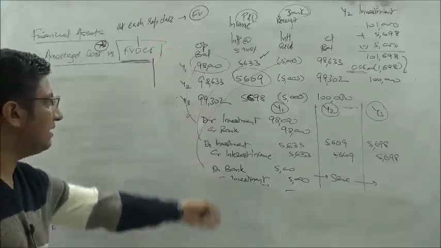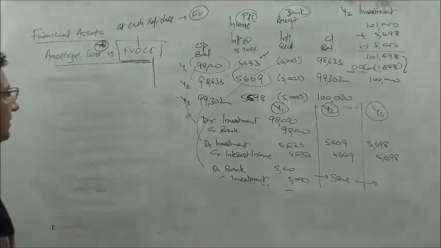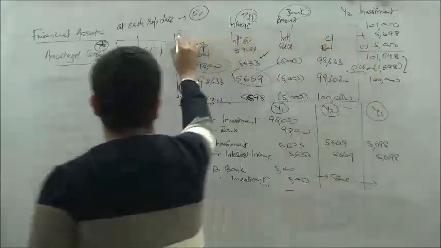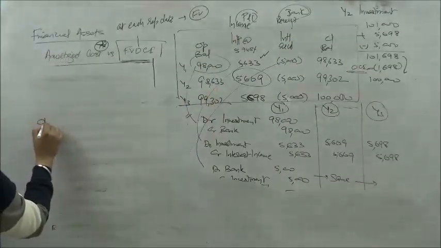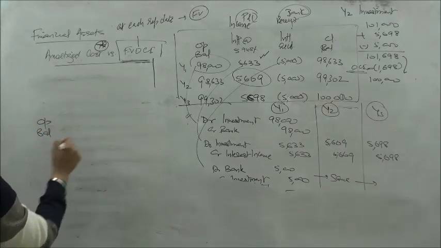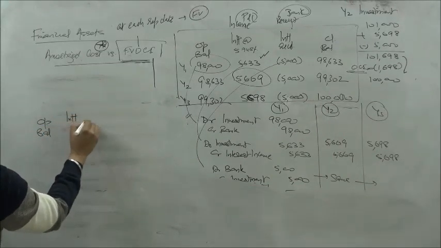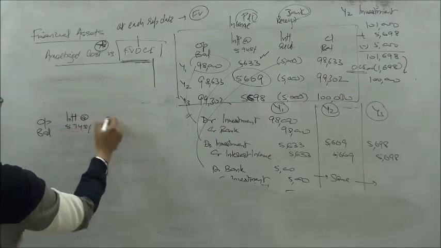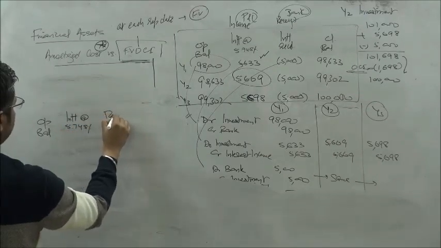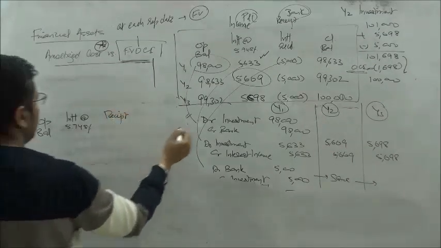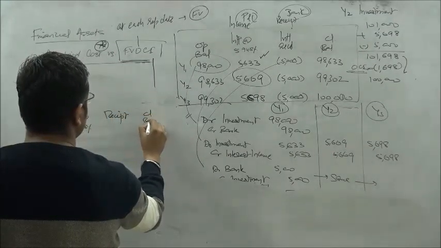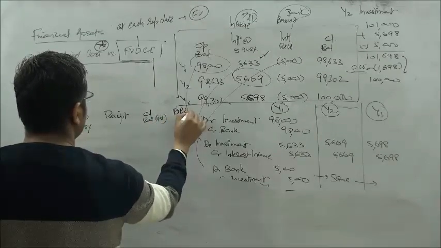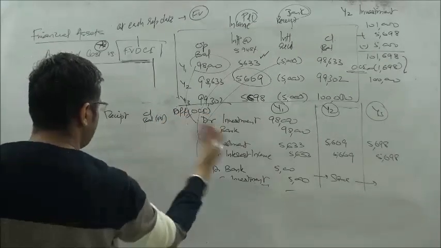So just to quickly conclude, if I've got this accounting done under the amortized cost method and this kind of schedule is prepared, I use the schedule for my FVOCI also: opening balance, interest at the rate of 5.748%, receipt, my closing balance as per fair value, and the differential which is going to OCI. Let's use it like that.